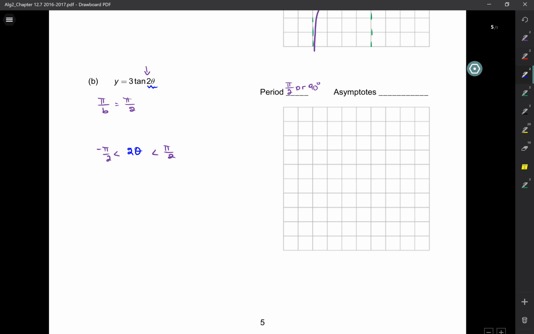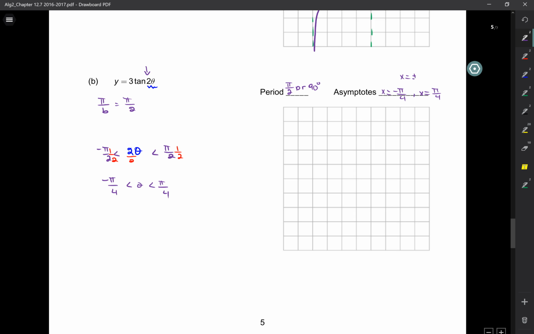So what do I do to solve for theta now? Divide by 2, divide by 2, divide by 2. So we go from negative pi over 4 to theta to pi over 4. So where are the asymptotes? X equals negative pi over 4, x equals positive pi over 4. If you want to condense that, you can write x equals plus or minus pi over 4.